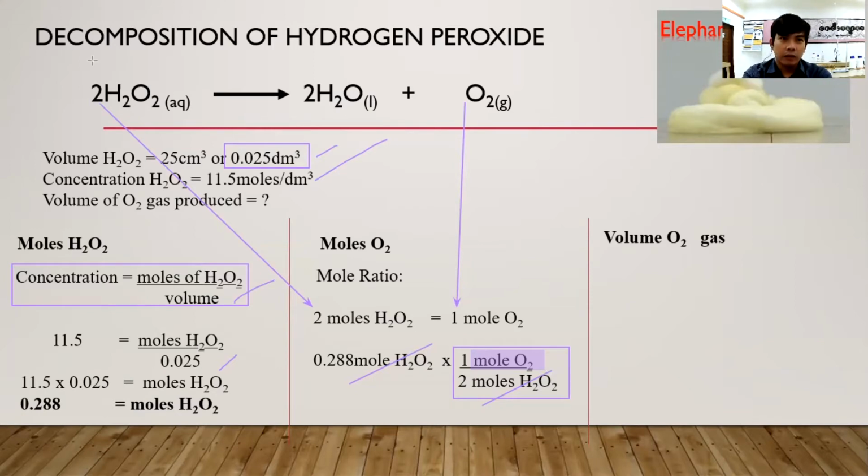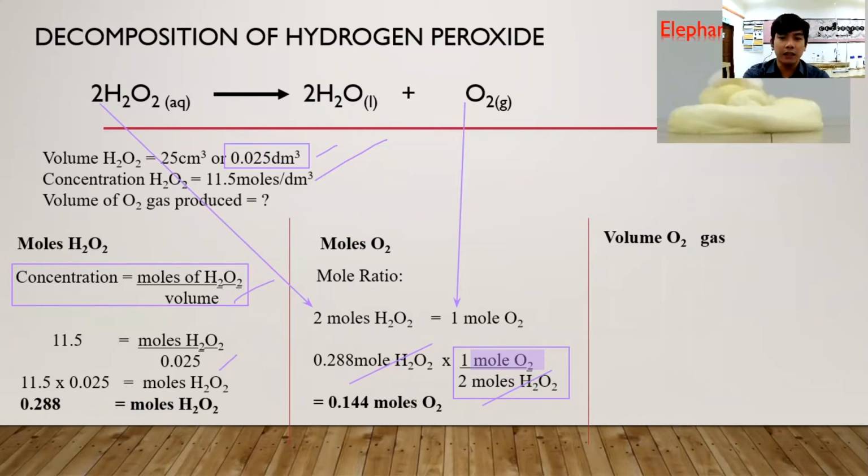Then when you compute this, this will be 0.288 multiplied by 1 divided by 2, and when you proceed with the calculation, you'll get 0.144 moles O2. So we have now the moles of oxygen.